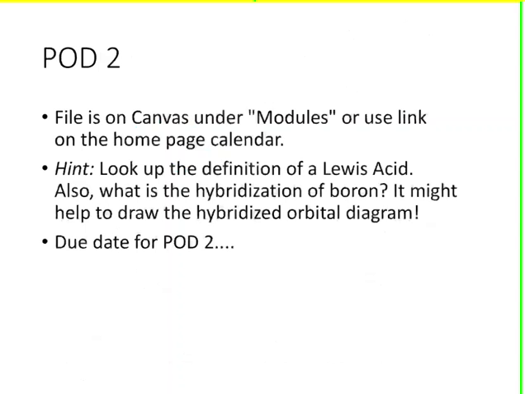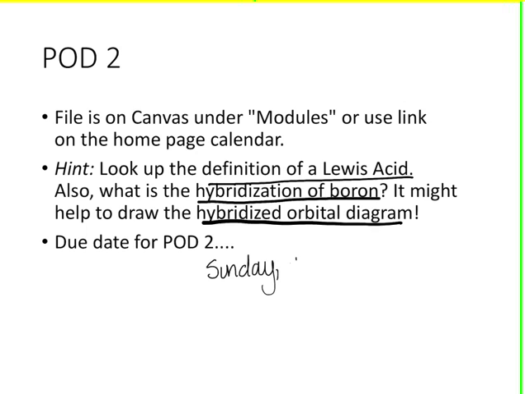You might want to look up the definition of a Lewis acid. Also, what is the hybridization of boron? And it might help to draw the hybridized orbital diagram. Oh, and I forgot to write the due date for Pod 2. That is Sunday, September 27th at 11:59 p.m. So it's the same as Pod 1.